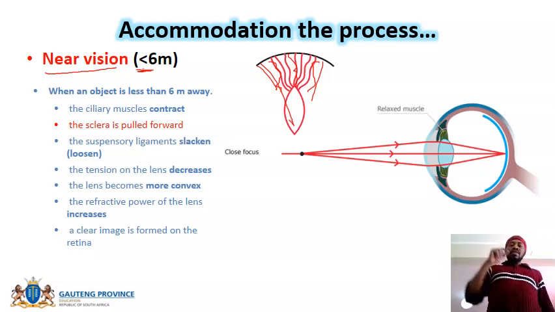But at the same time, while you are rising on your toes, what is happening to the muscles of your feet? Are they contracted or are they relaxed? For sure, when you are in that up position, the muscles of your feet are contracted. Those muscles of your feet represent your ciliary muscles.